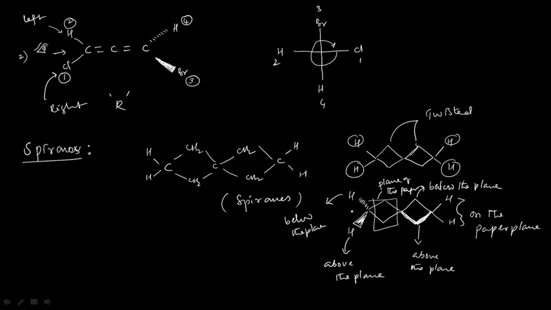When spiranes, like allenes, are substituted with other groups, then these molecules are also asymmetric or disymmetric. Then we will give RS configuration to spiranes also.